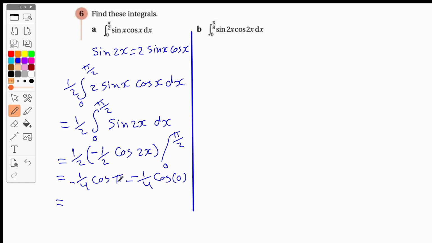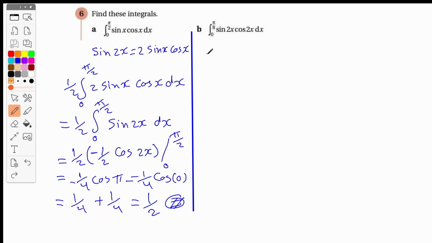Cosine pi is negative 1. Negative 1 times negative quarter will be positive quarter, okay? Negative, negative, that will be positive quarter. Cosine 0 is 1 times quarter is quarter. So quarter plus quarter, that will be half, and that is the final answer for this question.